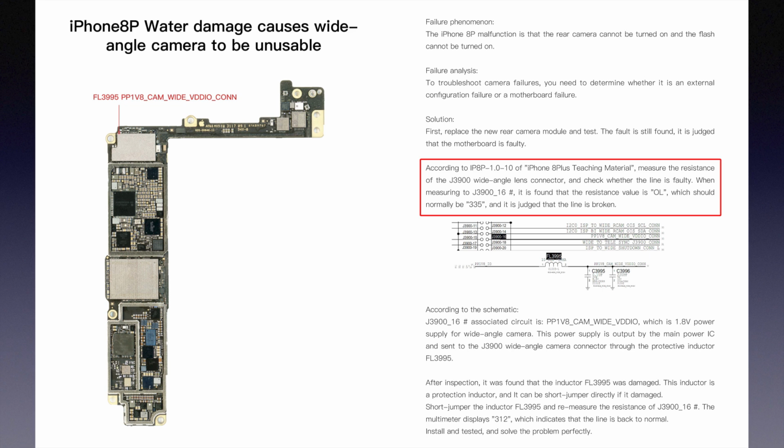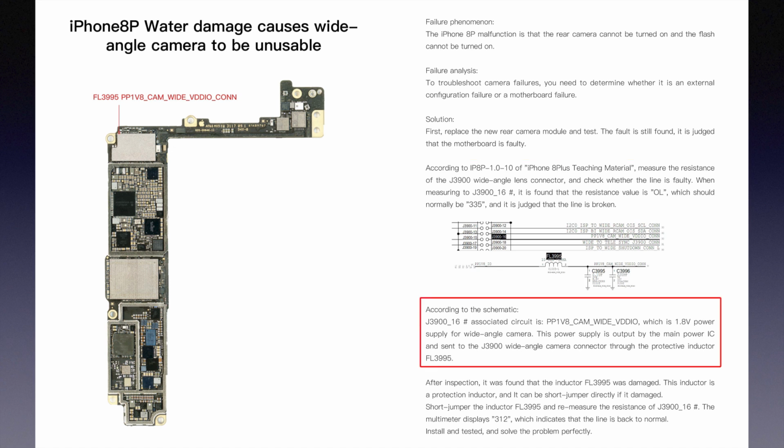When measuring pin 16 of J3900, it is found that the resistance value is OL, which should normally be 335, and it is judged that the line is broken. According to the drawing, pin 16 of J3900 associated circuit is PP1VA CAM WIDE VDDIO, which is the 1.8 volt power supply for the wide-angle camera.